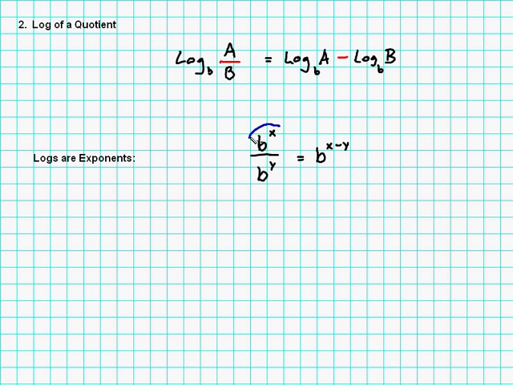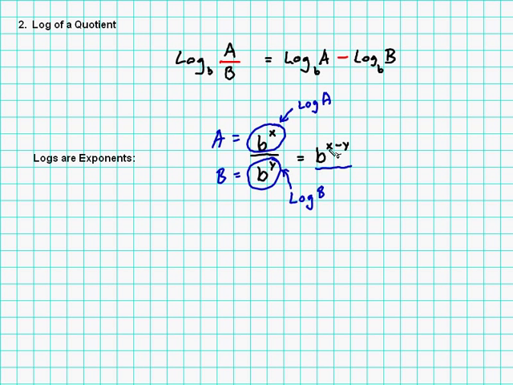We can just treat this as a, and we could treat this as b, and therefore x equals the log, using this base, of a, and y is the log of b. Okay? And notice that this number is the quotient.